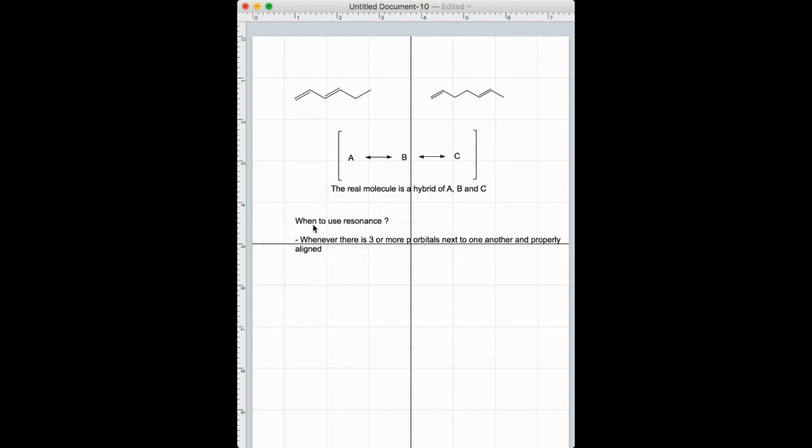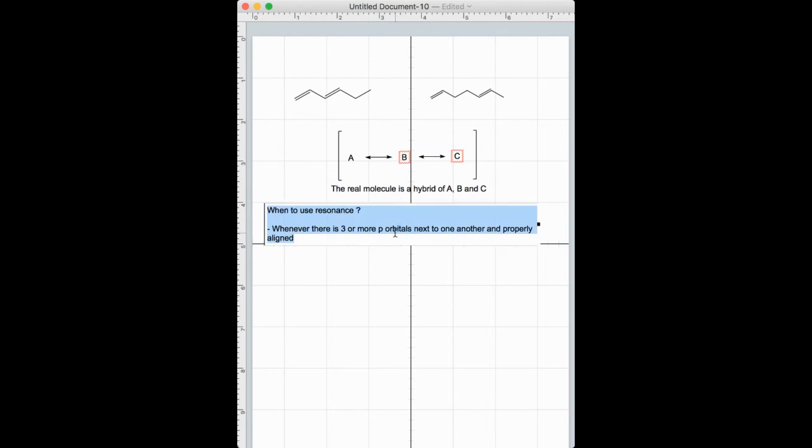And basically what this means is to have three or more p orbitals, or we can say here sp2 atoms, next to one another and properly aligned. So whenever you see a system with three or more sp2 atoms next to one another and properly aligned, you can tell that that is delocalized. And because it's delocalized, a single Lewis structure will not be enough to show the real structure of this molecular ion. Therefore, we need to use in those cases resonance theory to explain the real structure of the molecule.